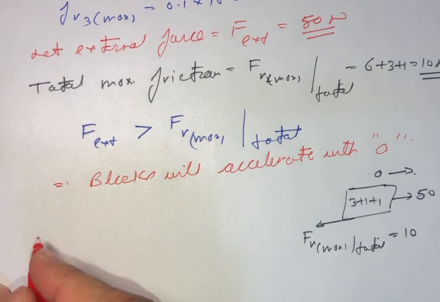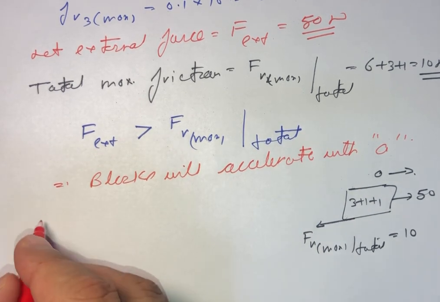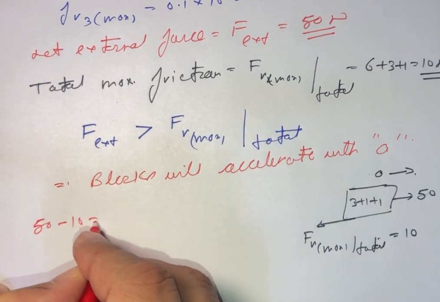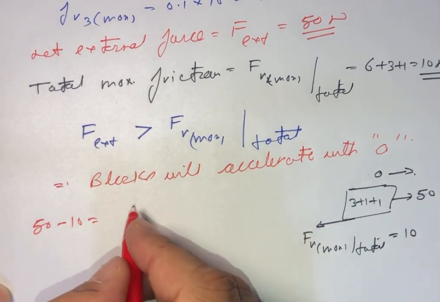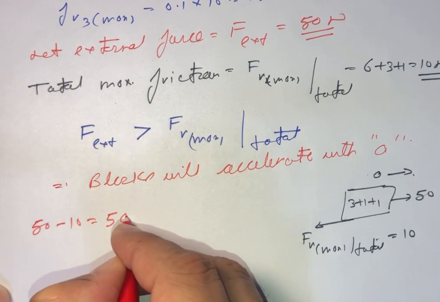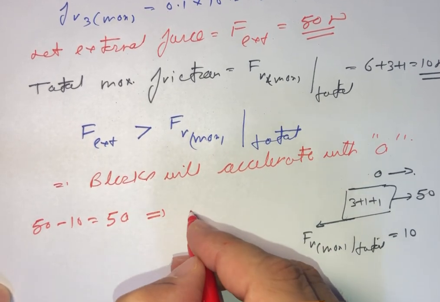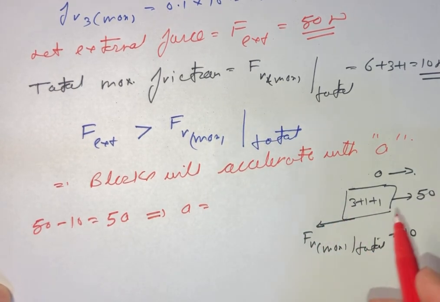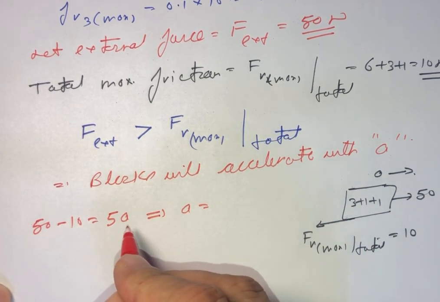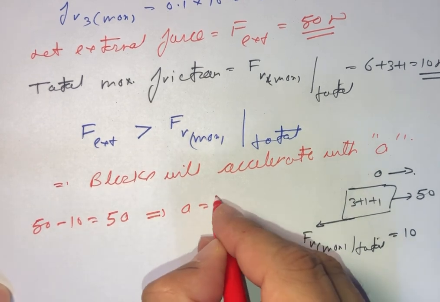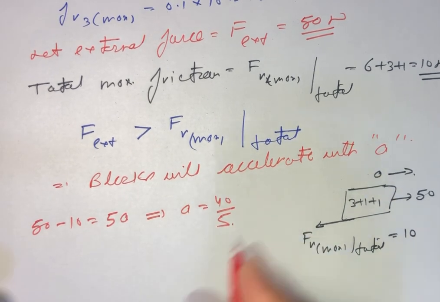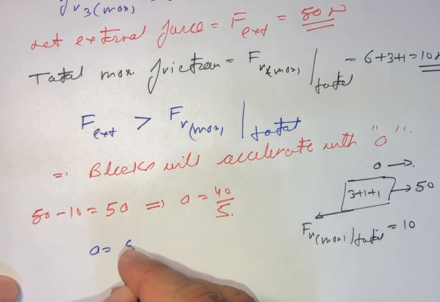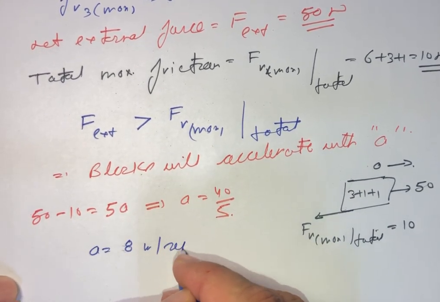We can say that 50 minus 10 will be equal to 5 into A. So we get A will be equal to 40 divided by 5. So we get our acceleration A as 8 meter per second square.